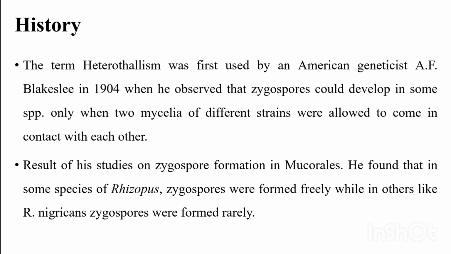Generally they are recognized as plus strain and minus strain, and when they come close to each other they form zygospores. From his studies on zygospore formation in Mucorales, he found that in some species of Rhizopus zygospores were formed freely, while in others like Rhizopus nigricans zygospores were formed rarely, because Rhizopus nigricans requires two mating types to form zygospores.